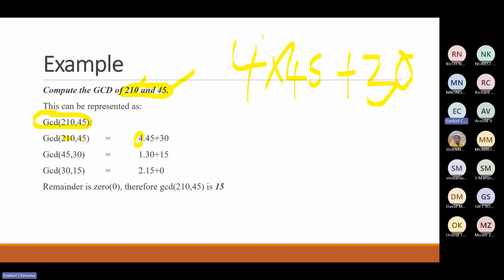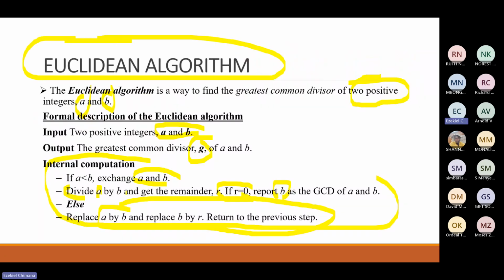If you say 4 times 45, then minus 210, you are going to get 30 as your remainder. If you do a quick calculation, you find that 45 into 210 is 4 and the remainder is 30. So this whole thing comes from this step.